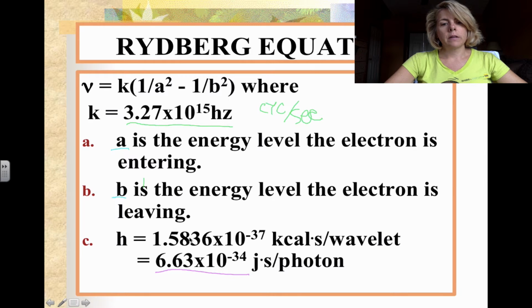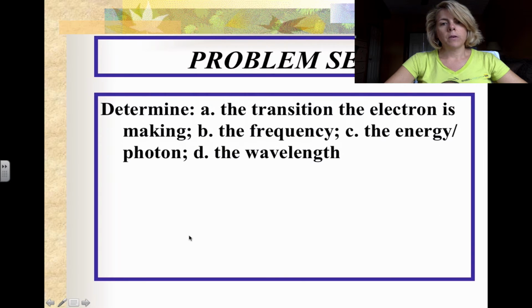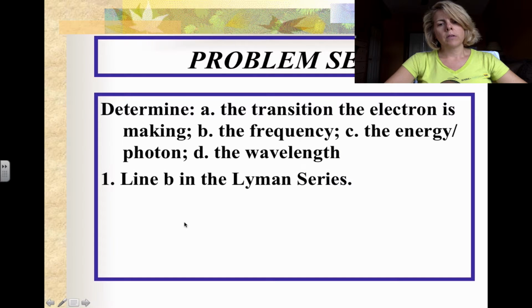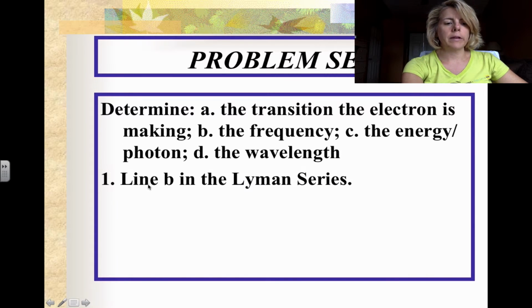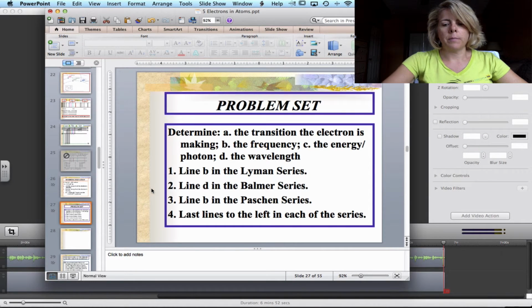Okay, let's do some problems. So I want to do the first 2 or 3 with you, and then I'll have you do the last one yourself. You need to know the frequency, the energy, and the wavelength. So the first one is line B in the Lyman series, okay? And I'm going to go back to line B in the Lyman series with you.